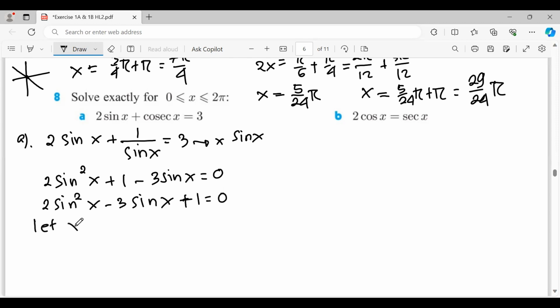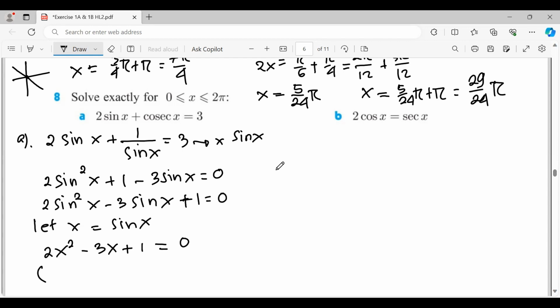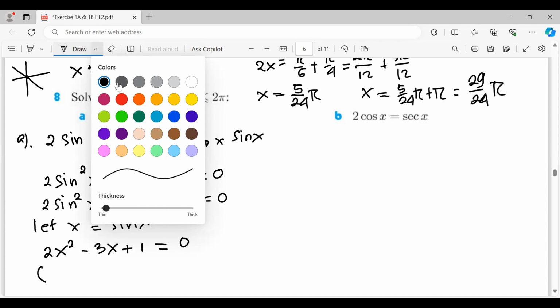Let x equal sine x. If x equals sine x, this equation becomes 2x squared minus 3x plus 1 equals 0. Through factorization, I'm going to scroll down first.